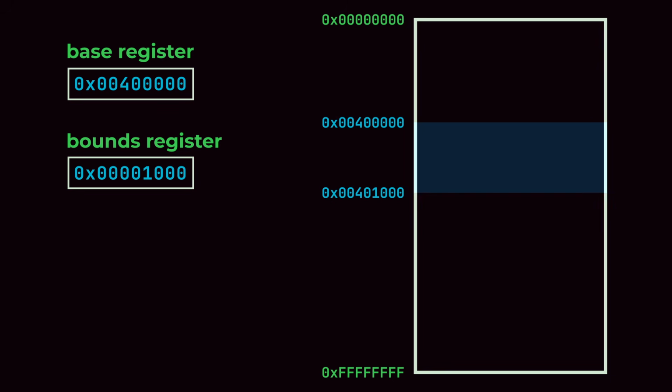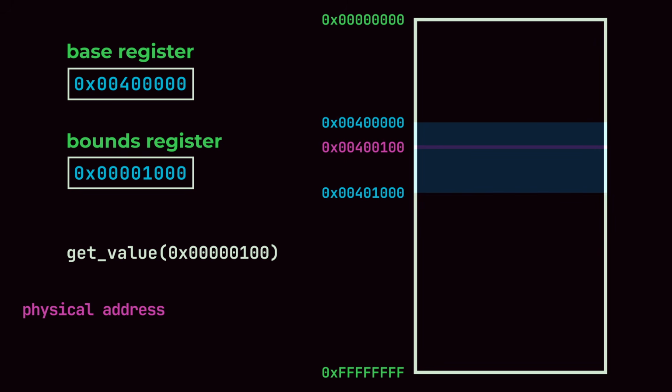For example, if we try to access this address while the base register is set to this value, we don't access this area as we would without base and bounds, but this. So each physical address is now calculated like this. And the address we provide in this case is called a virtual address. And all the calculating is done automatically by the MMU, so we don't have to do anything except setting the base register.